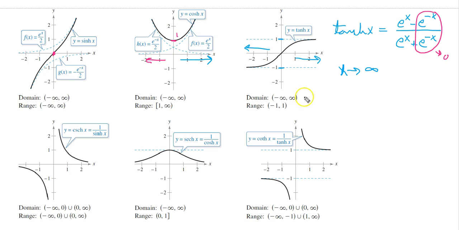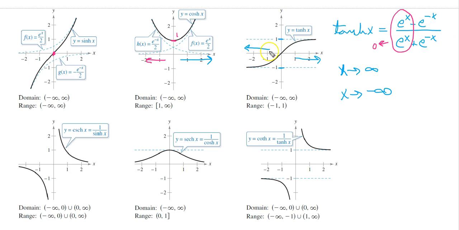On the other hand, as x approaches negative infinity, well, in that case, these two terms will be going to 0 as we go to negative infinity. And so the hyperbolic tangent will be basically behaving like negative e to the negative x divided by e to the negative x. Well, that's going to be approximately -1 then.